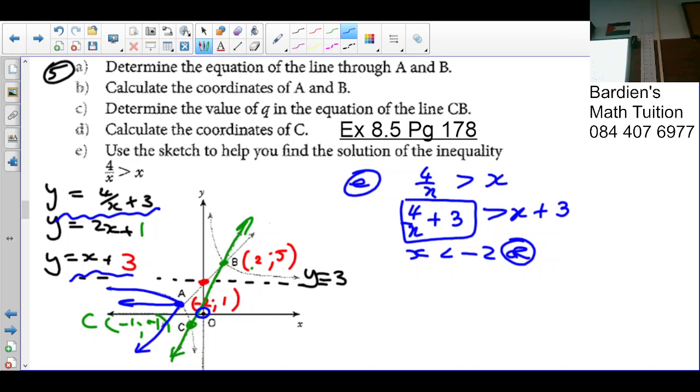The hyperbola is greater than the straight line. Can you see that? Between 0 and 2. What do you notice on the other side of 2, on the other side of B? The straight line is on top of the hyperbola. So there's a continuous solution from 0 to 2. So x is greater than 0 for this.